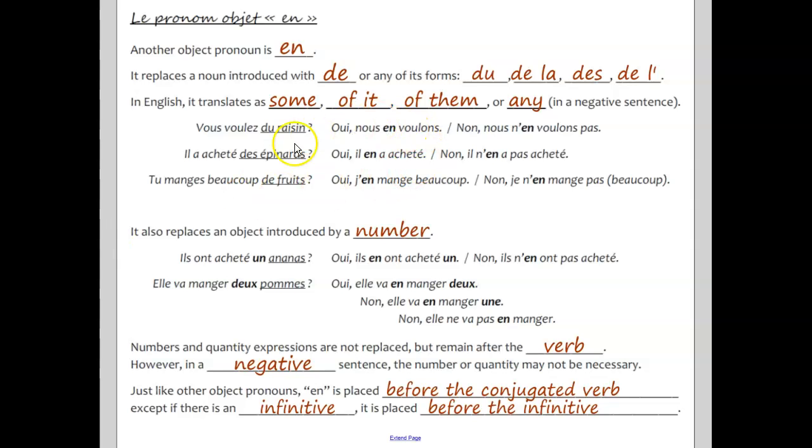So notice in all of these examples, where the "en" is located follows the same rule as you've learned before in terms of its location. It's just that "en" replaces a phrase beginning with de or a phrase that's introduced by a number. That's what makes it different from le, la, and les.